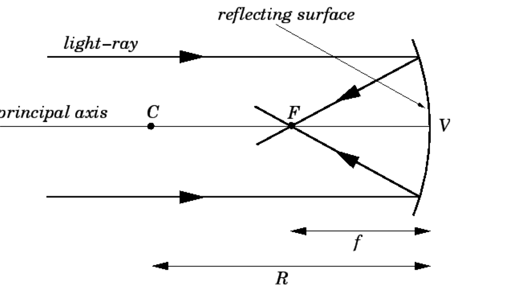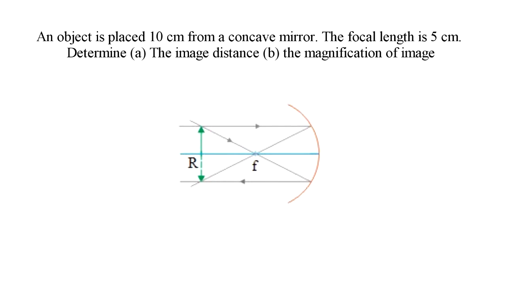The distance along the principal axis from the focus to the vertex is called the focal length of the mirror and is denoted by f. Now you know all the concepts about spherical mirrors. Let's put them into practice with the following exercise.